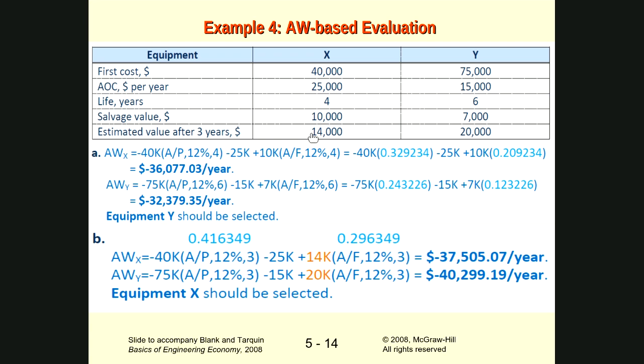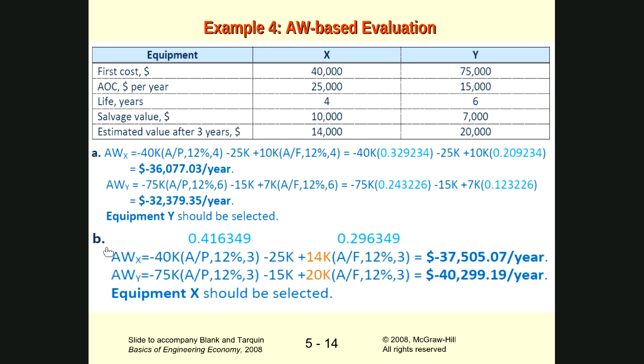And for Y, the same thing: the 75,000 first cost, A given P, the minus 15,000, and also we use the 7,000, we didn't use the 20,000 because it was for the study period. Pay attention, the number of years is 6, we use it as is for each alternative as given in the question. In this case we select Y because it is larger numerically, minus 32,000 compared to X, which is minus 36,000.